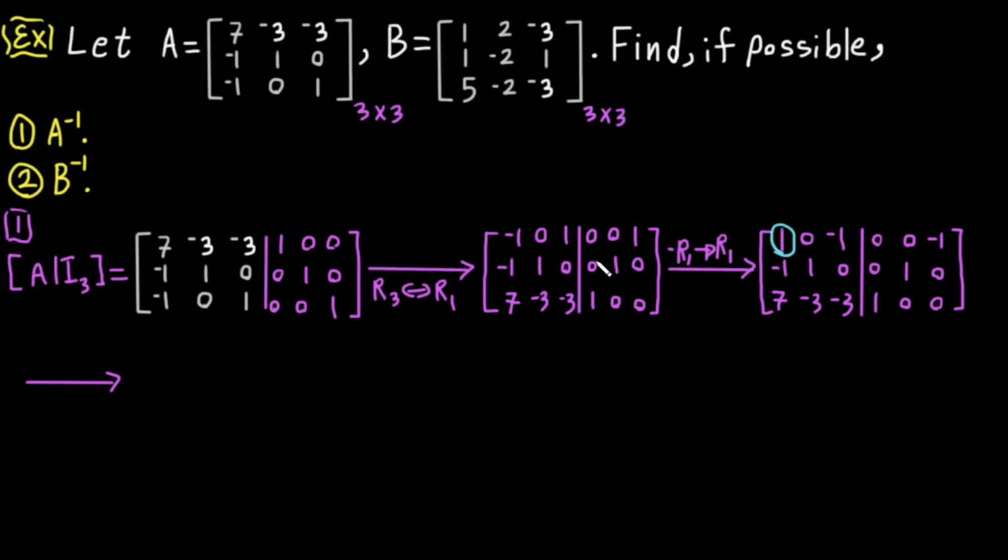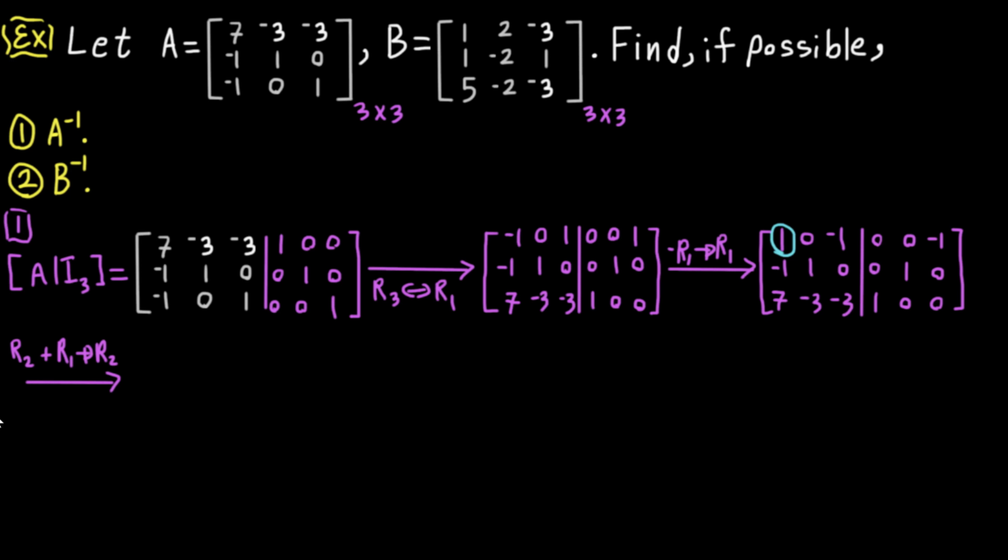So first this row, let's change the color. Row 2 plus row 1 in row 2, because -1 plus 1 is 0.